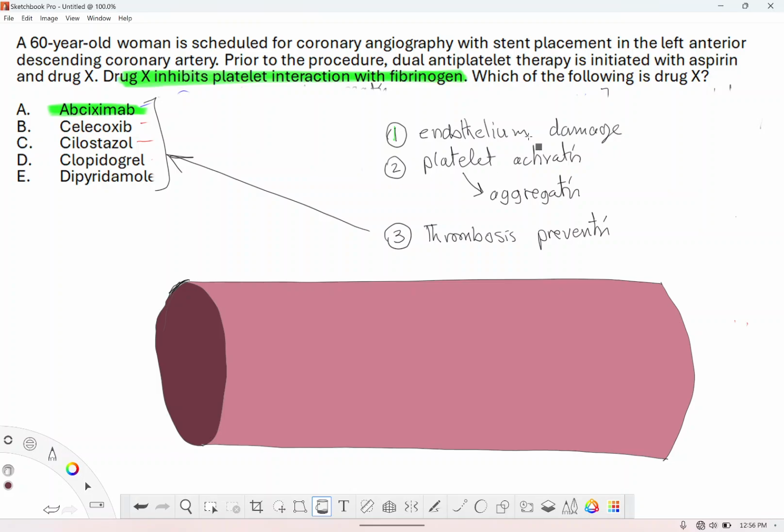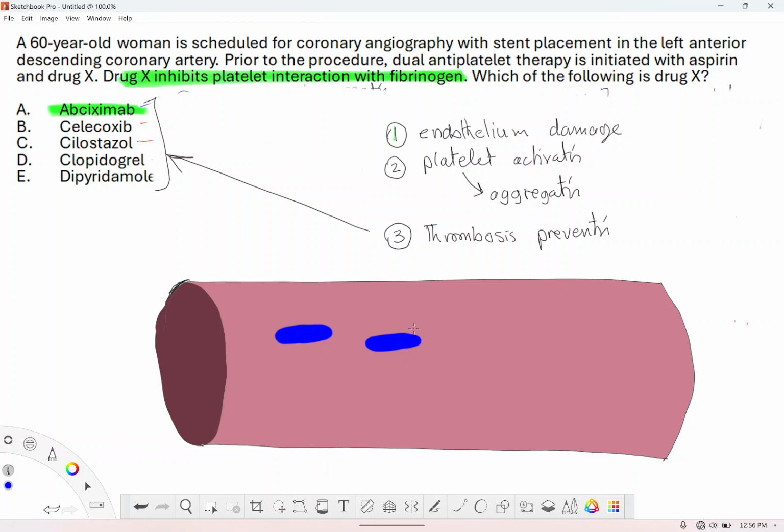Within this coronary artery, you have platelets roaming around, right? You have platelets just swimming around. Platelet, let's use this blue. They're usually shaped like this. So these platelets are just circulating within your coronary arteries.